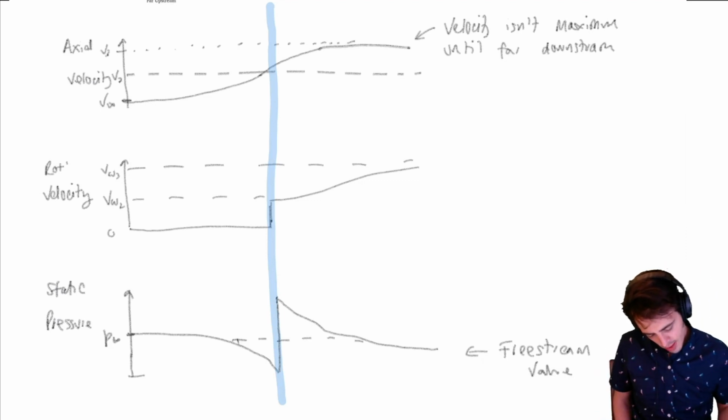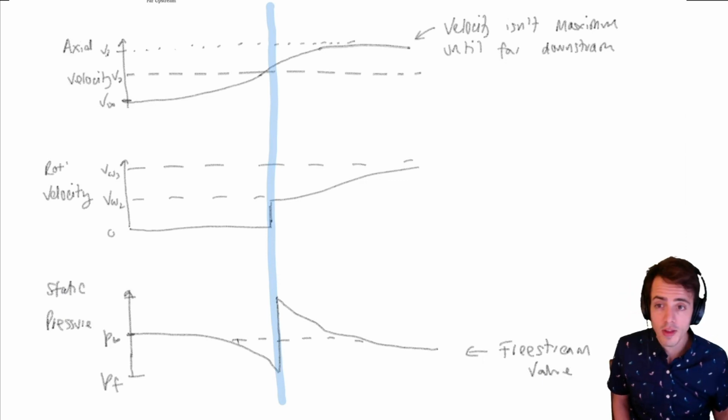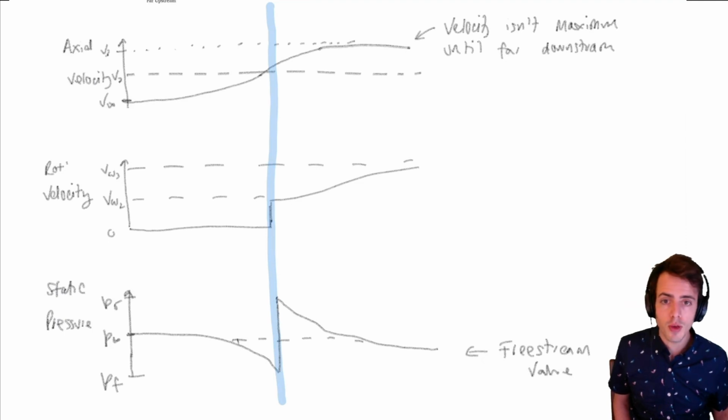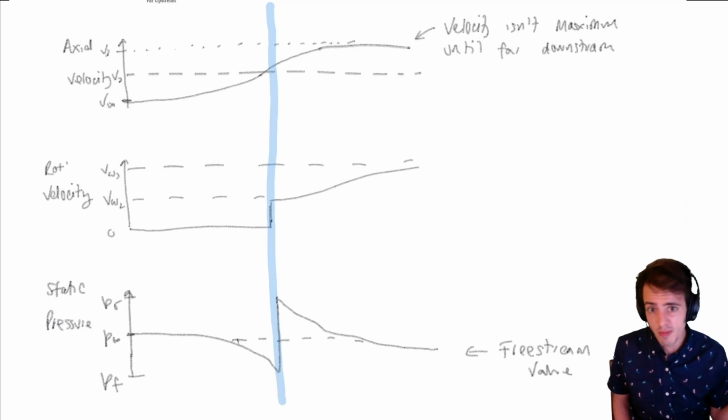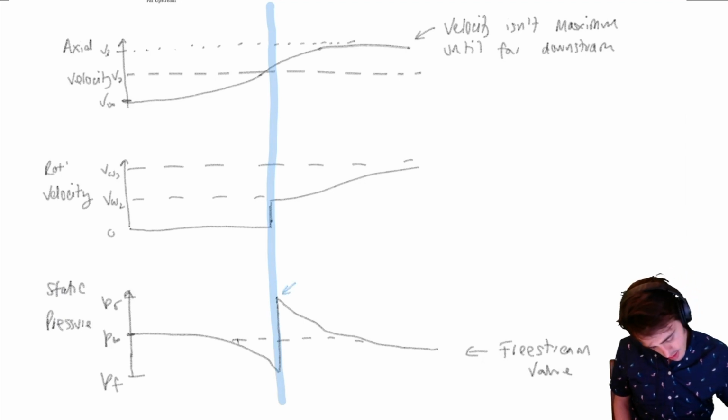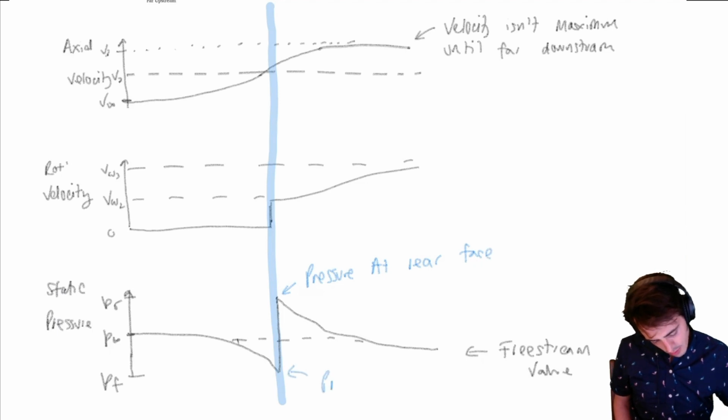The two values of pressure we've got here: we've got the pressure in the front, which is the suction side of the propeller, and we've got the pressure in the rear, which is the positive side of pressure. So let's say here, pressure at the rear face, pressure at front face.